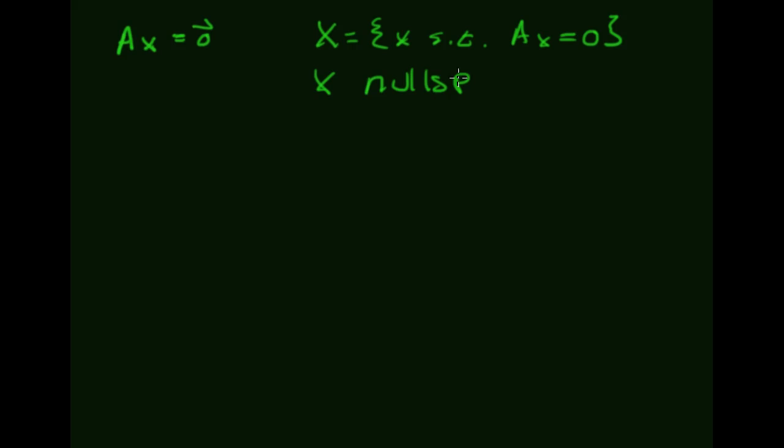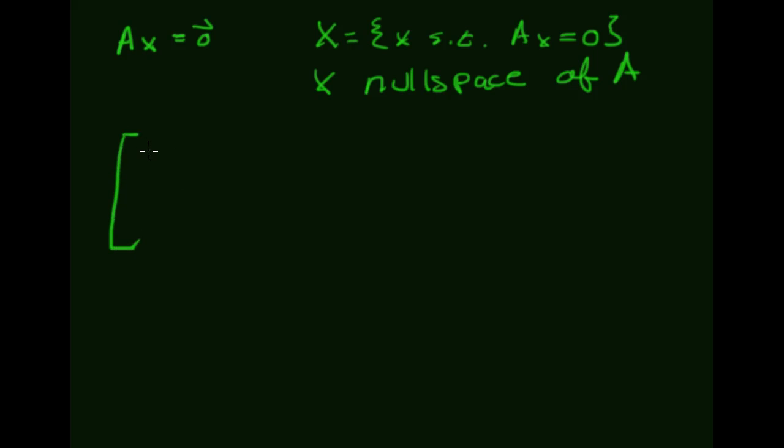So if I took A times x is equal to the 0 vector, and let's say big X is the set of all little x such that Ax is equal to 0, then X is the null space of A. So literally what I can do here is set up the system of equations.